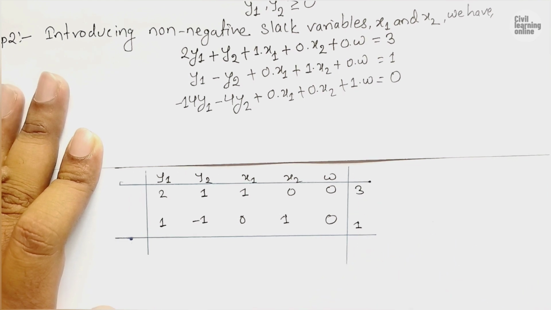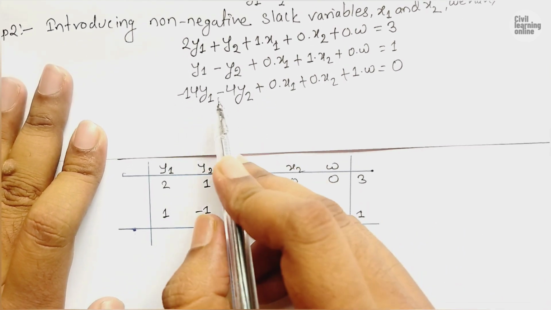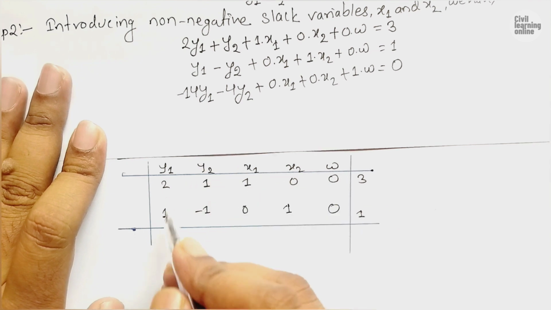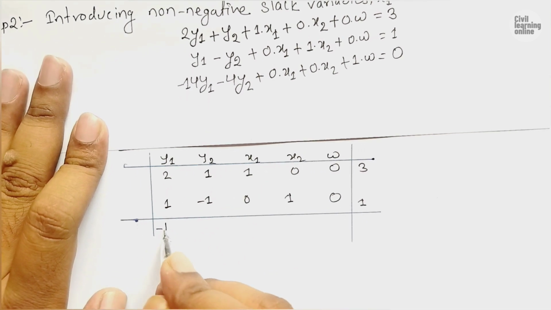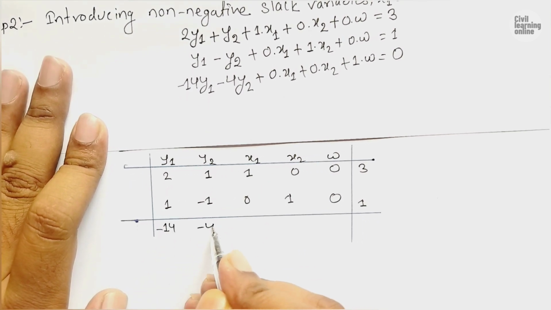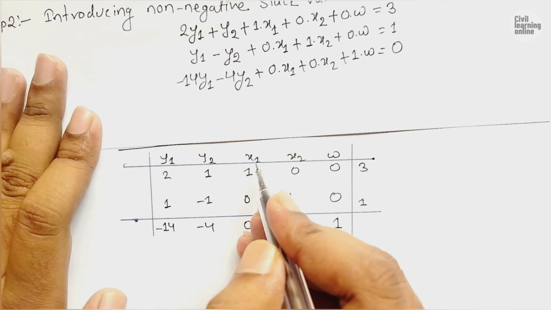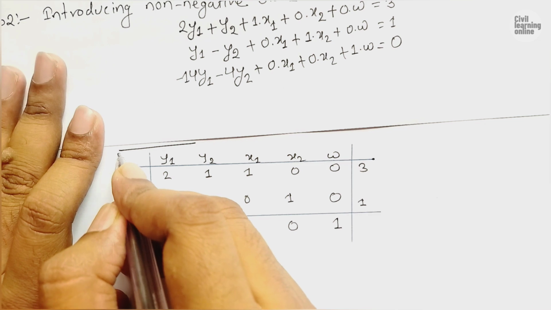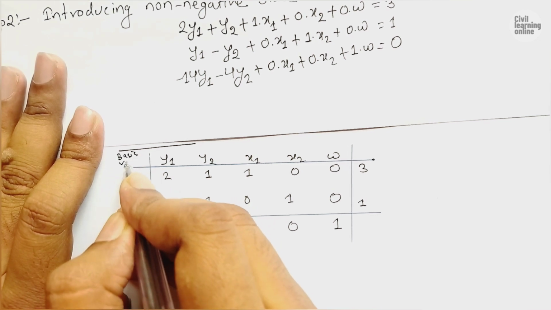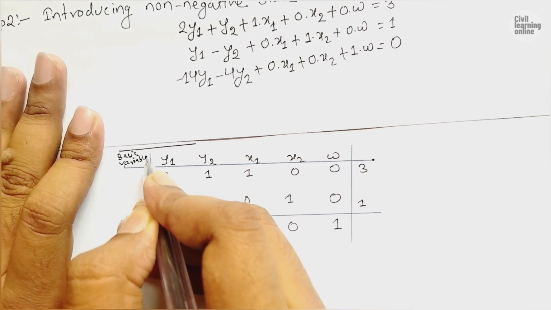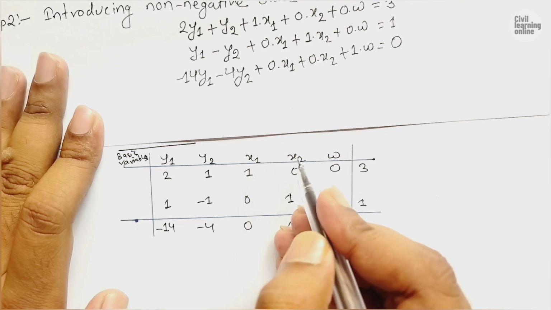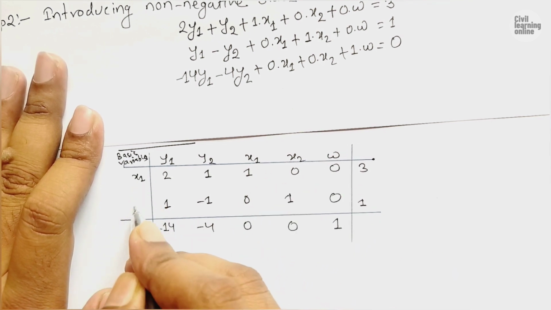And we need to write the coefficients of this objective function below the line. So here we will have minus 14, minus 4, 0, 0 and 1, and we have to write here the basic variables, and the basic variables are x1 and x2 here. So we will write here x1 and x2.